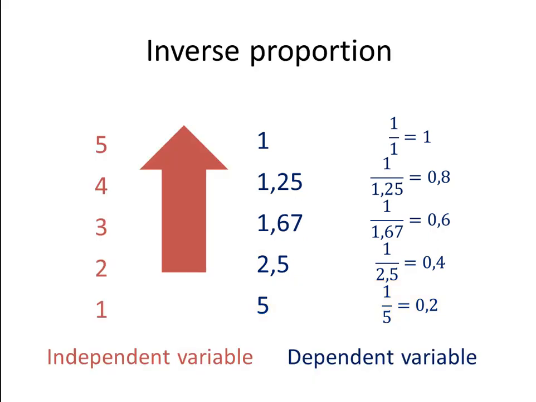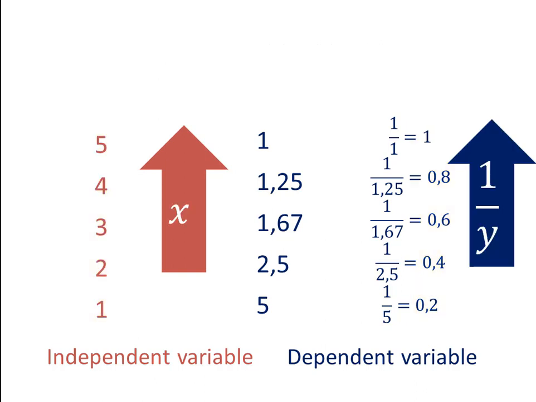And by eye you can see that these two sets of numbers are directly proportional to one another. In other words, x and 1 over y are directly proportional to one another. As x is increased from 1 to 5, 1 over y increases from 0.2 to 1.